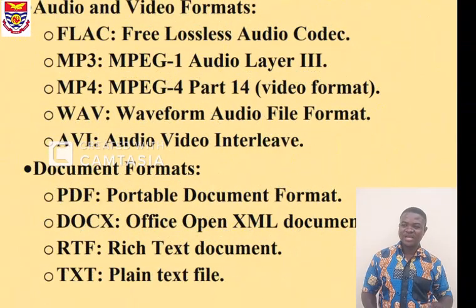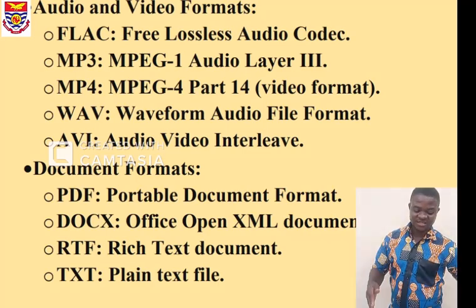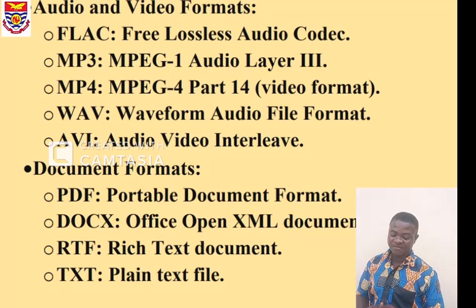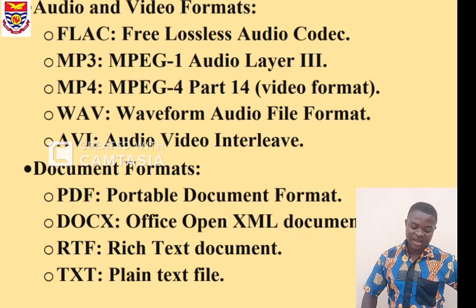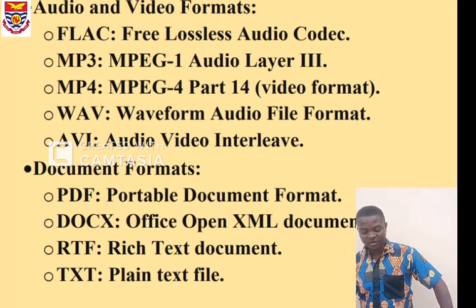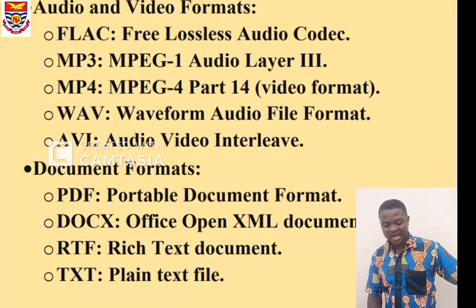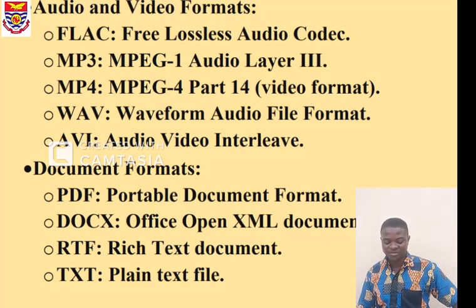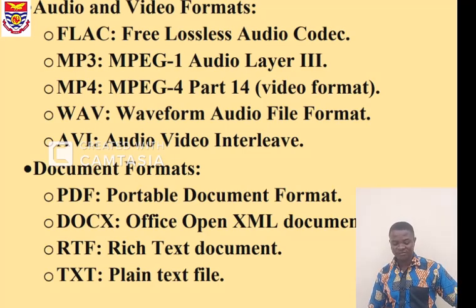As we continue with the lesson on computer files, the other aspect of files that we are going to talk about is audio and video formats. Under audio and video format files, we have FLAC, MP3, MP4, WAV, AVI. They are the examples under the audio and video file formats.